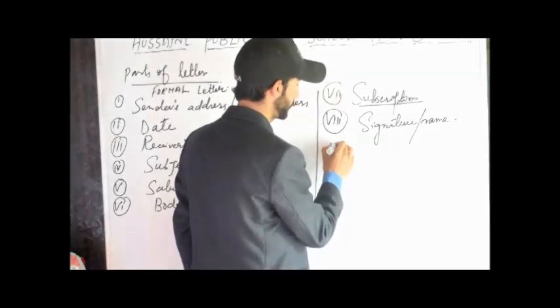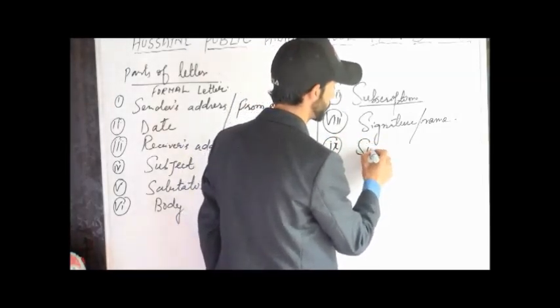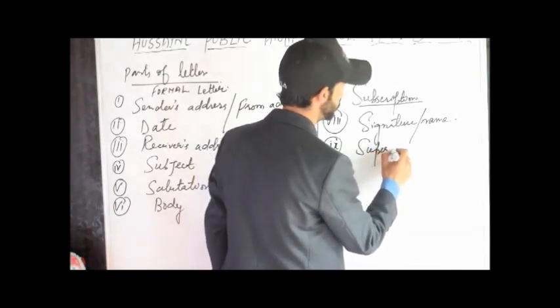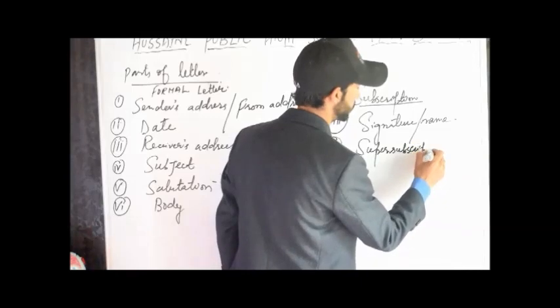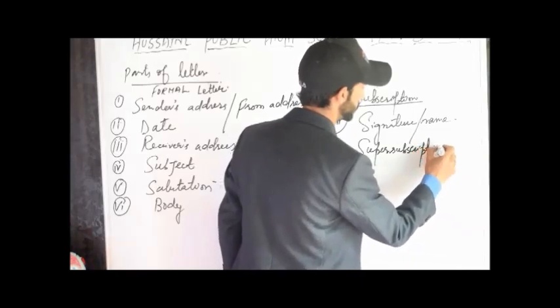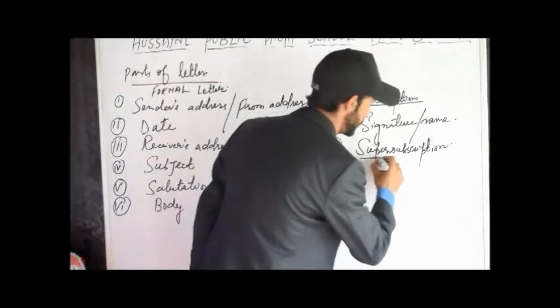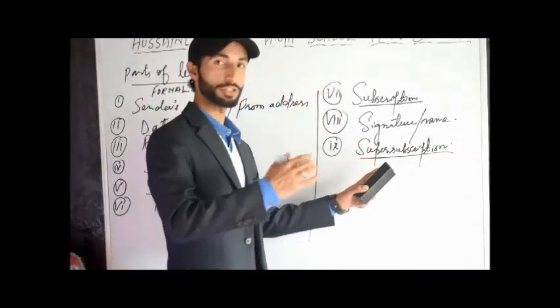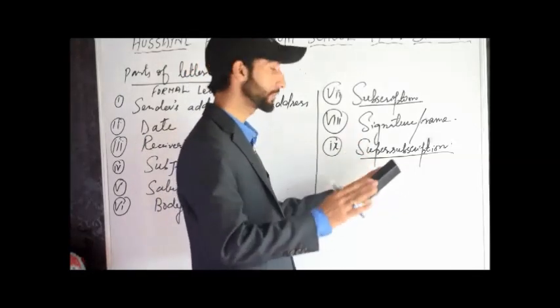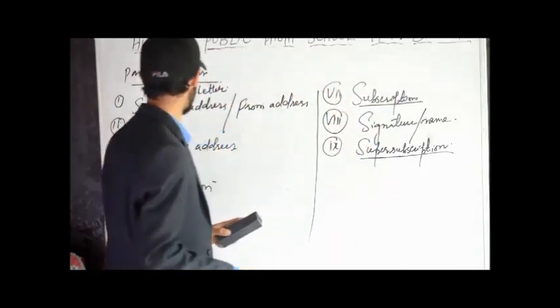Then the ninth, additional, is the super subscription. This is not important from an examination perspective. In an actual situation, we write this super subscription on the envelope. We will talk about it later.